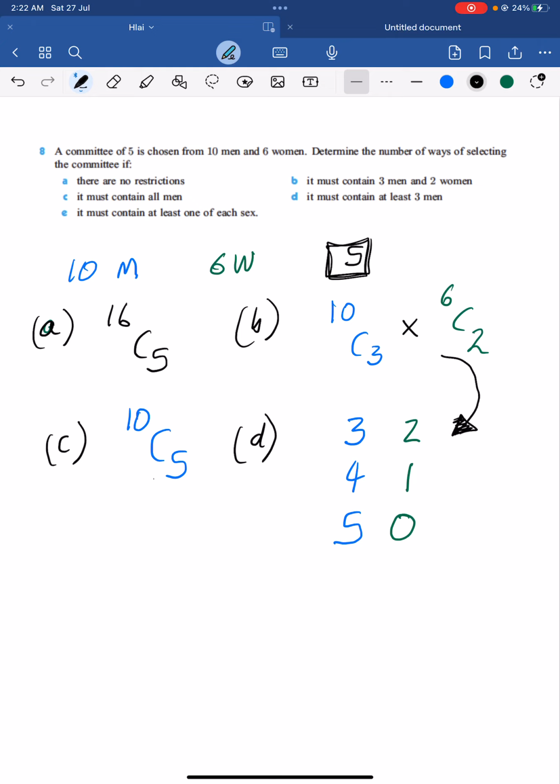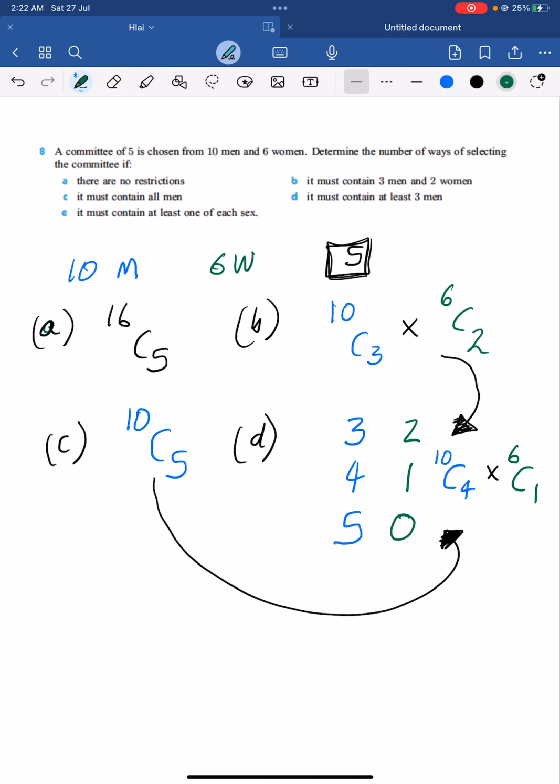We've already got the answer for 5 males here, so we just need to add together the final answer, which is from the 10 males, choose 4, and multiply this by from the 6 females, choose 1. And you should realise that 6 choose 1 is just 6.